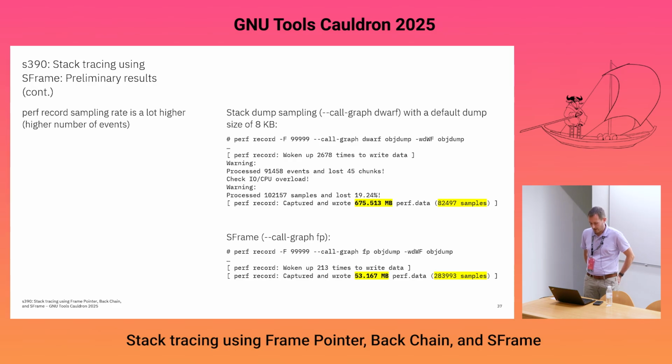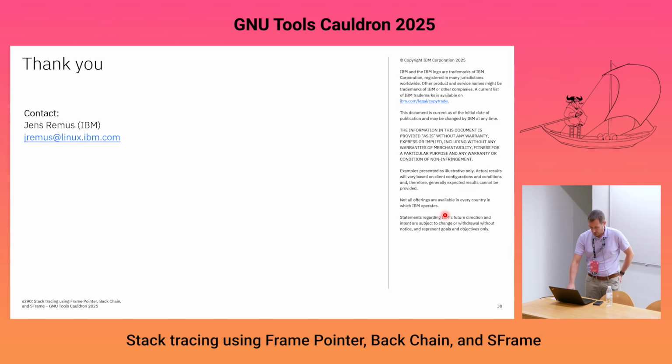For SFrame, we have no lost samples, and the sample count is a lot higher: 283,000 compared to 82,000 samples. And the file size, again, is much smaller.